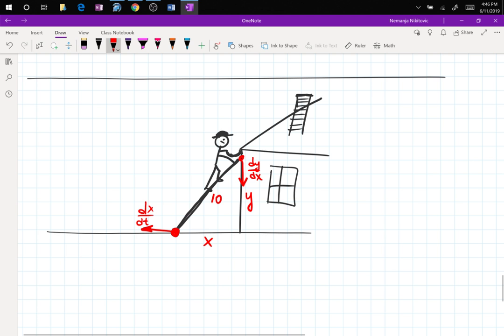And we can actually use this information to figure some of the stuff out. So x can be, let's say, I don't know, 3 feet away from the house. And you kick out the ladder at what speed? How about 2 feet per second?